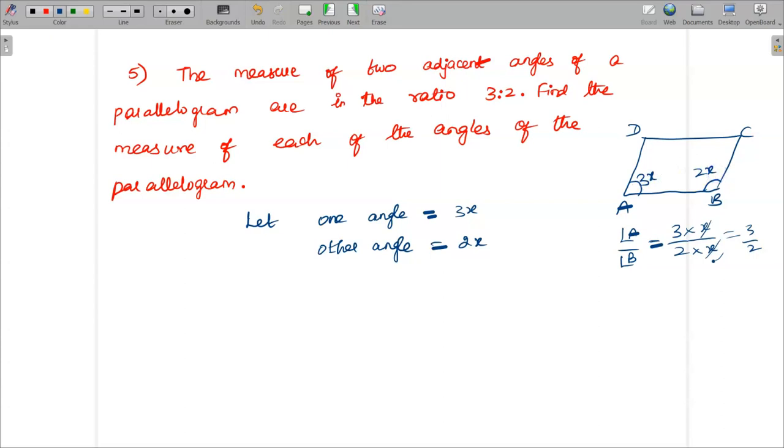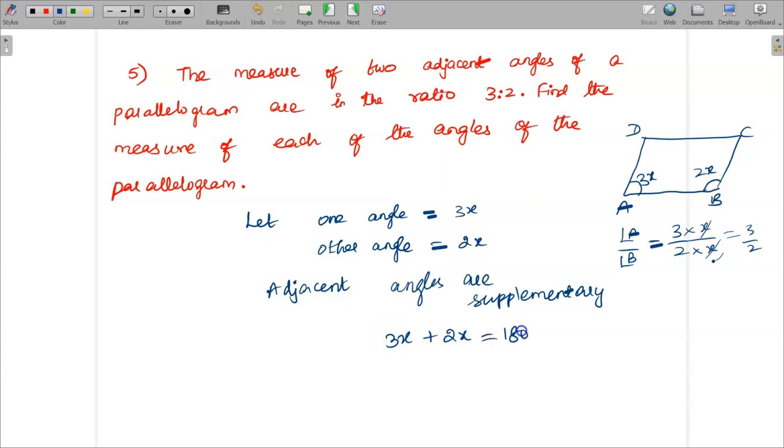According to the rules of the parallelogram, these two angles are adjacent angles, and adjacent angles are supplementary, meaning that when we add the two adjacent angles, the sum will be 180 degrees. That is, 3x plus 2x will be 180 degrees.